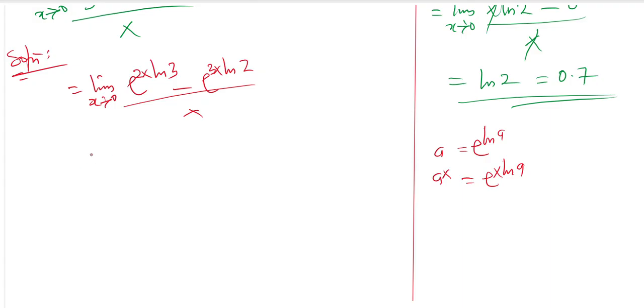So that is what we have done here. And since we are having this as the common denominator, if we rewrite this function, it's going to be the limit as x approaches 0 of e to the power of 2x ln 3 all over x minus e to the power of 3x ln 2 all over x.